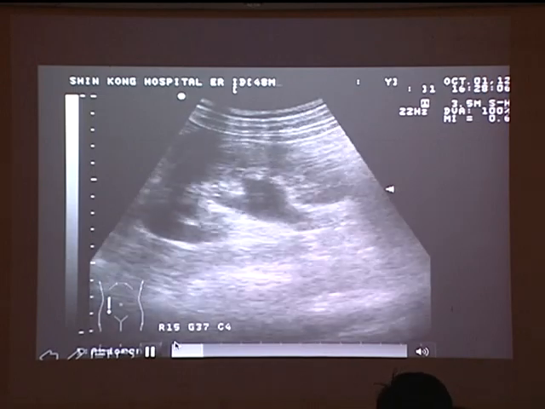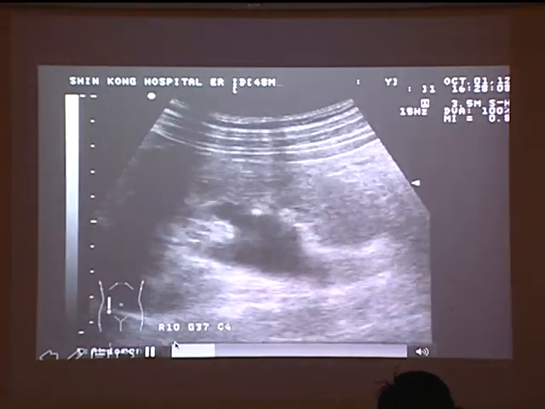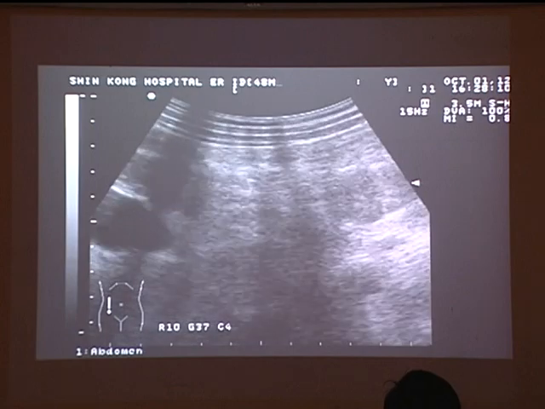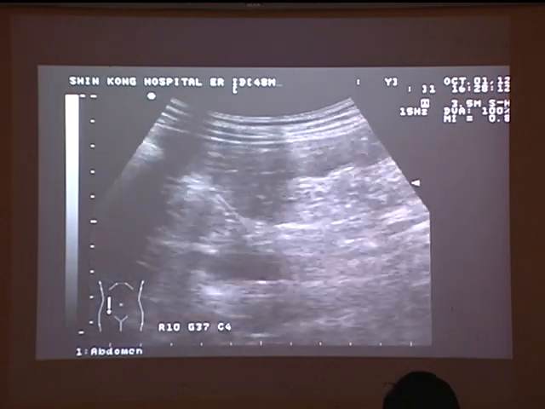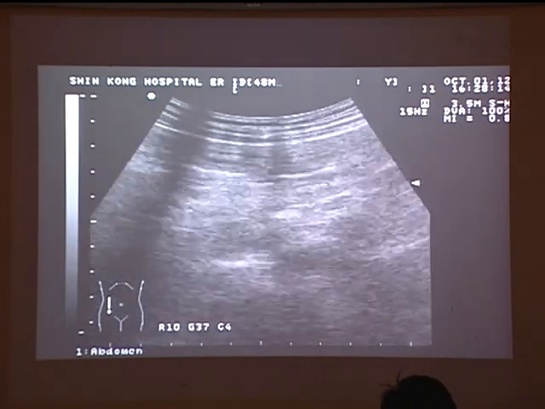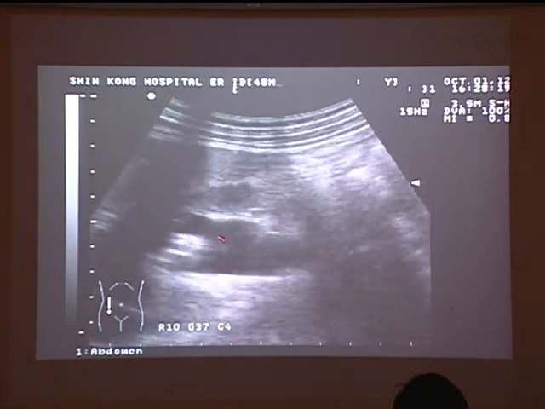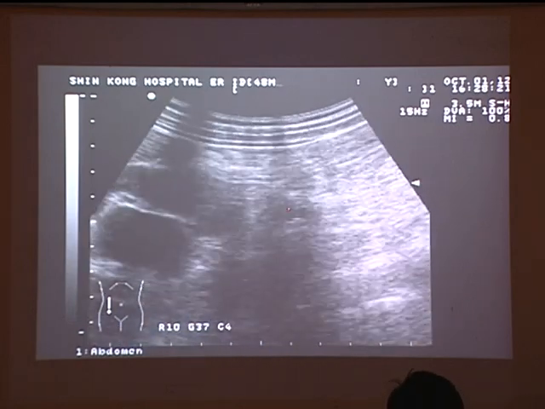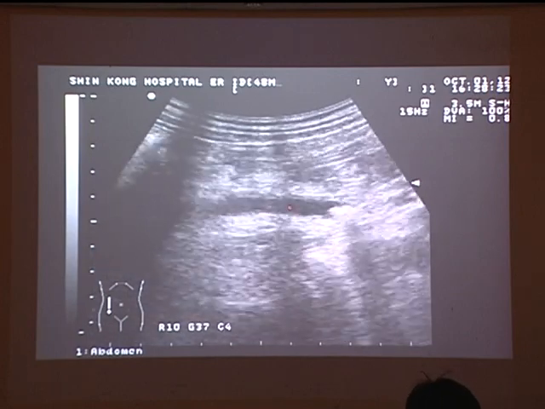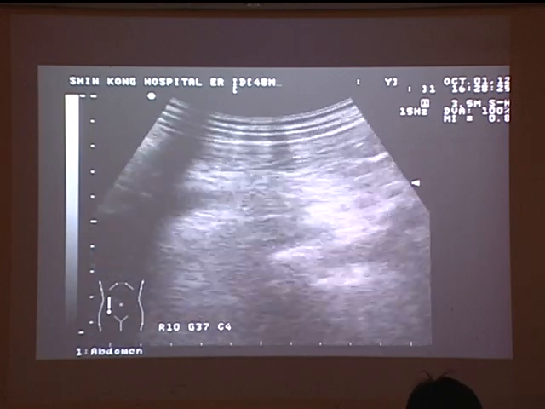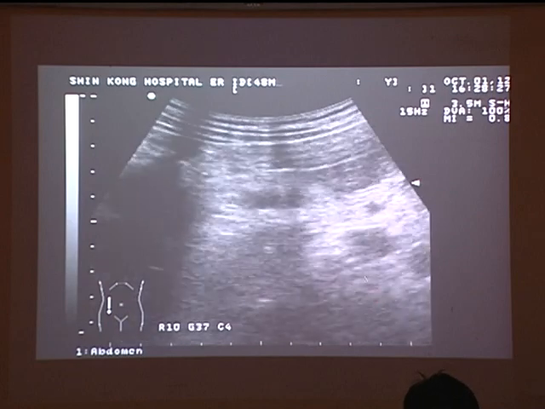And it's so lucky for this patient, we traced the hydroureter and found the mid-ureteral stone. So you can see this hydroureter here goes to here, and a stone appears here, a hyperechoic stone with an acoustic shadow.